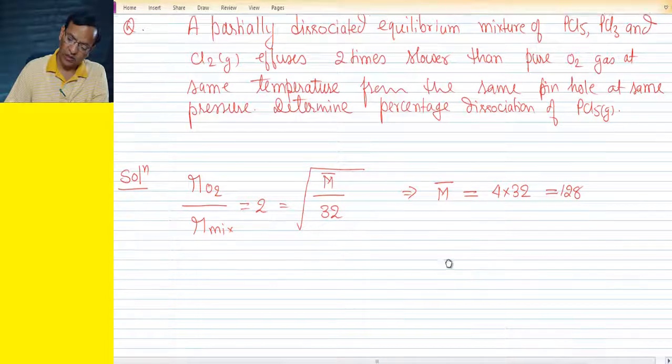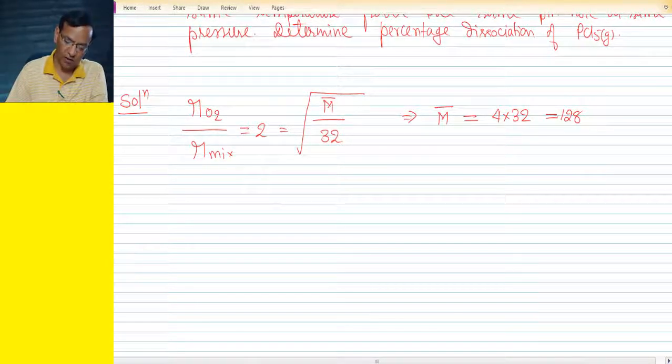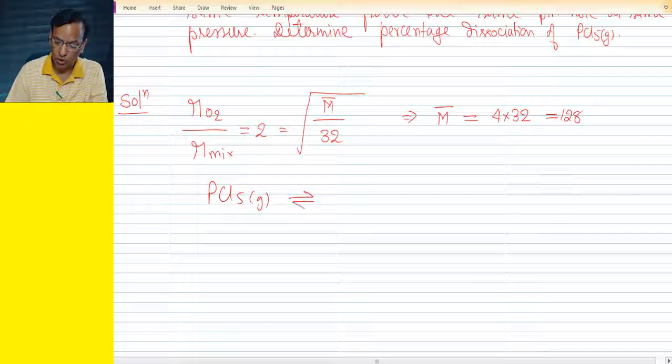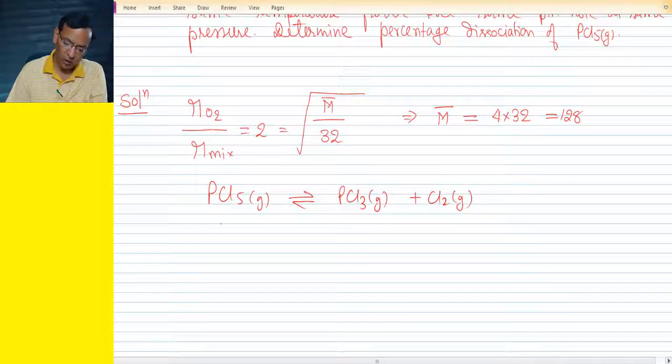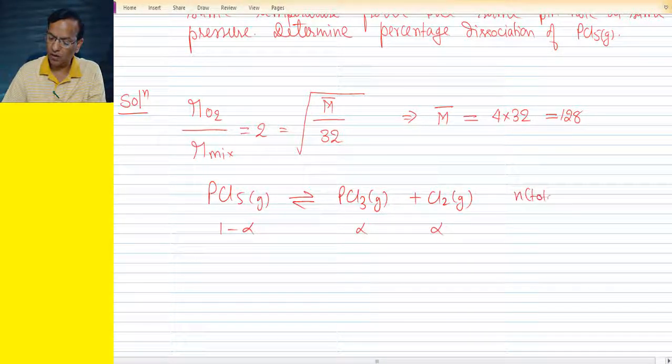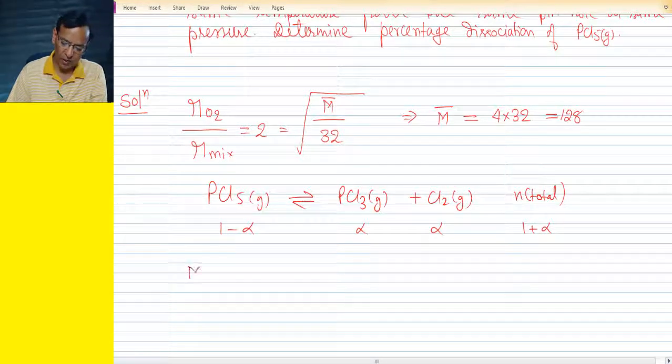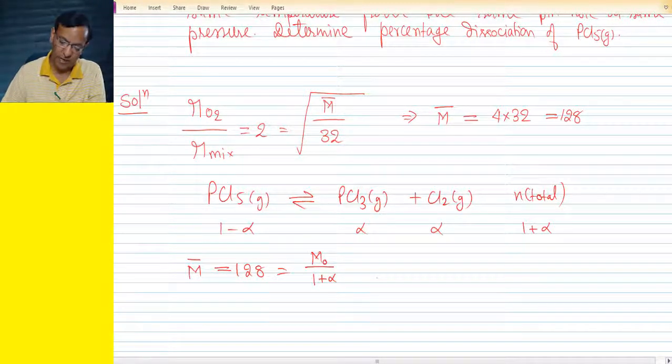Now the equilibrium mixture is PCl5 gas decomposed to PCl3 gas plus Cl2 gas. So 1 minus alpha, alpha, alpha, and total at equilibrium 1 plus alpha. So the average molar mass, which is 128, will be equal to M naught divided by 1 plus alpha.